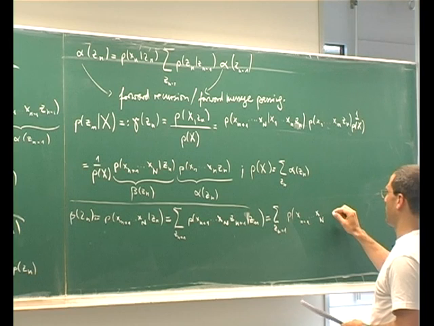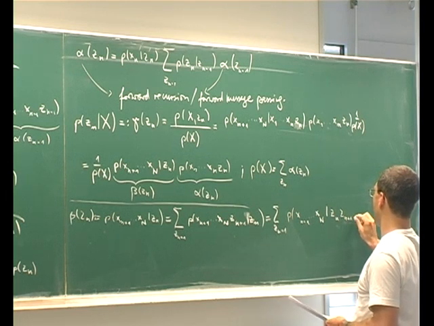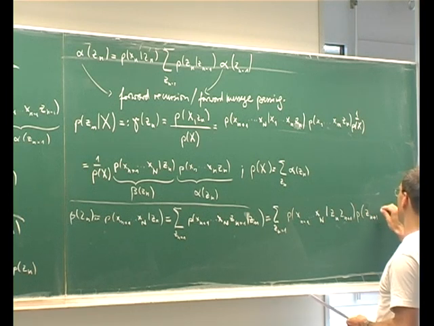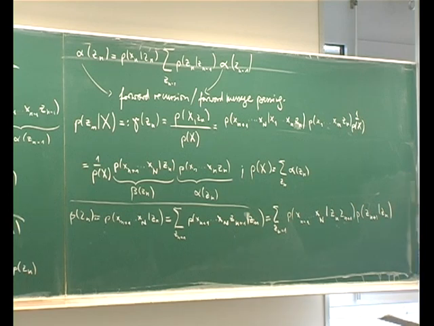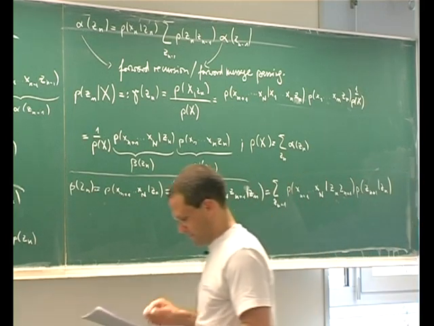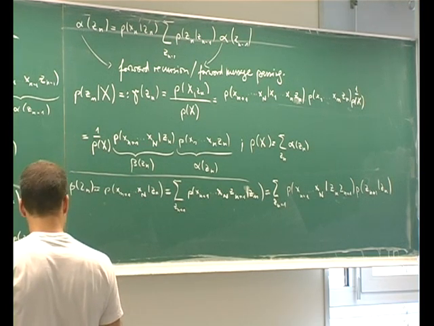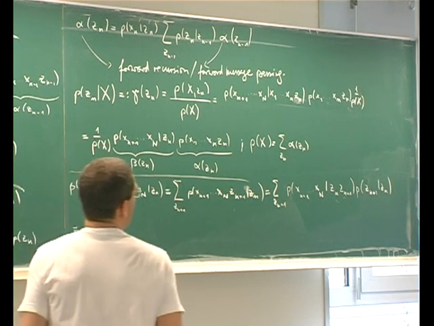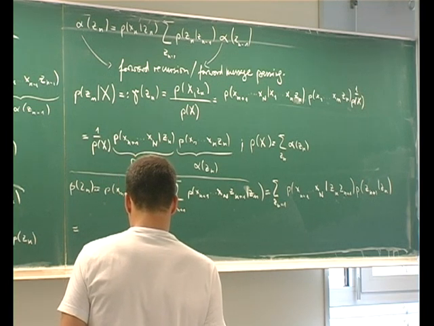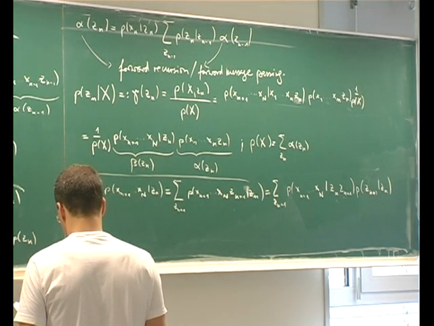And then I will first condition on this newly introduced variable, and then multiply with the conditional probability of this new variable. And this can be factorized as follows.